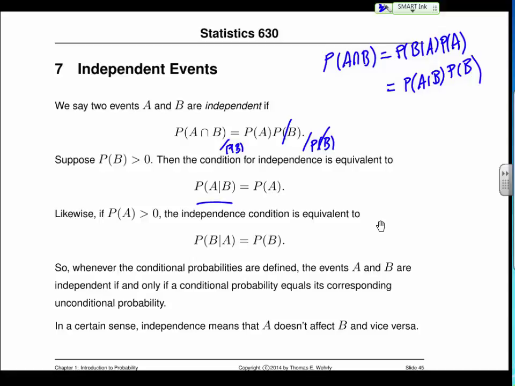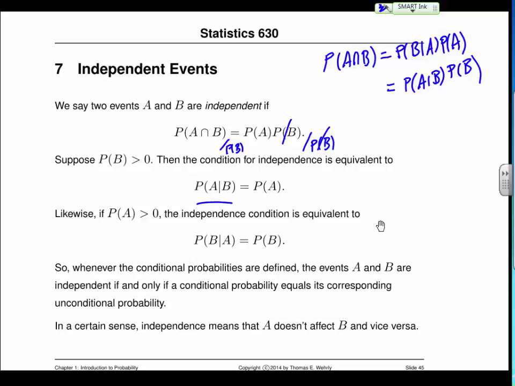So that says that when the events have non-zero probability, they're independent if and only if the unconditional probability is the same as the conditional. So this says if you know B has occurred, it doesn't change what you think the probability of A is. It's the same as the unconditional probability.